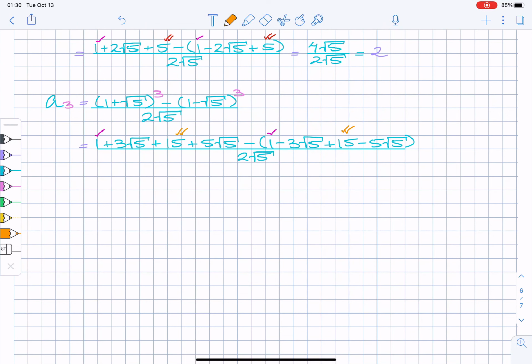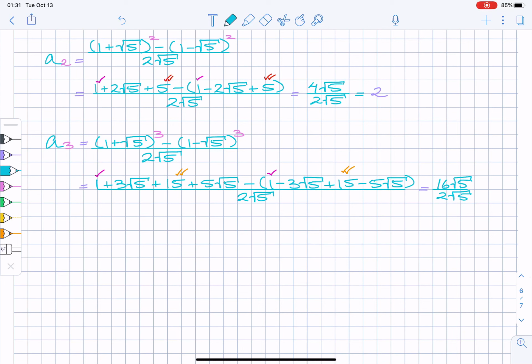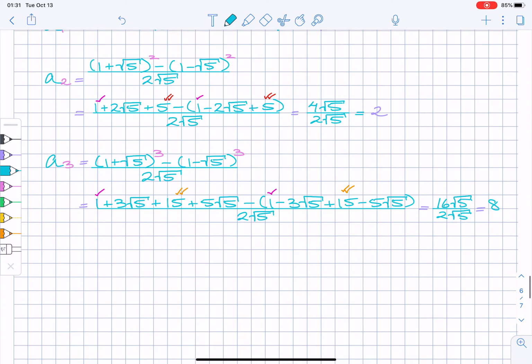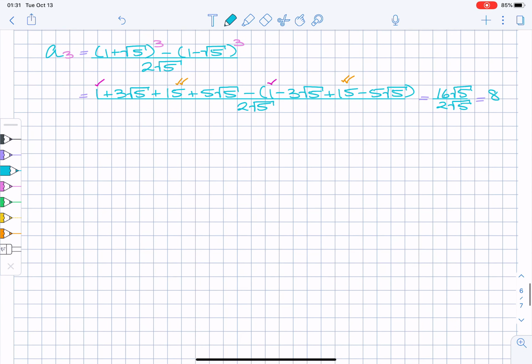What I see that is left over will be 3 and 5 is 8, 8 plus 8 is 16 root 5, all over 2 root 5. 2 into 16 is 8. Interesting. Very interesting. Let's do the next one.